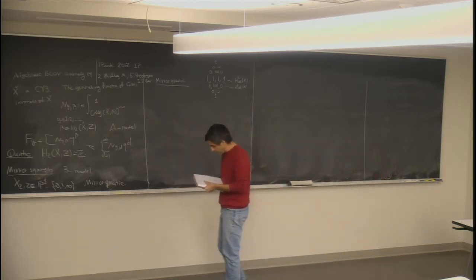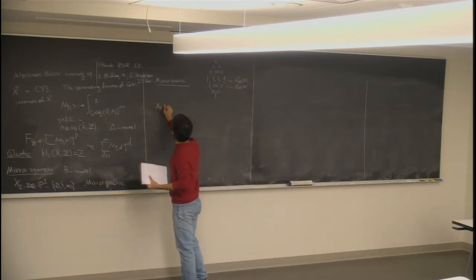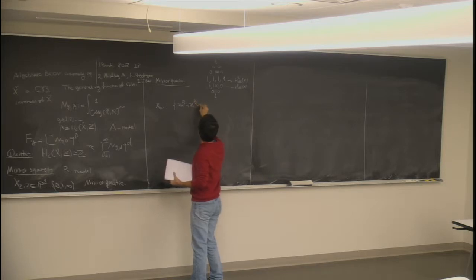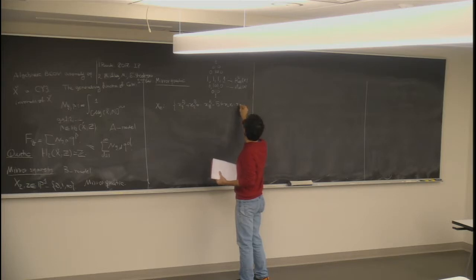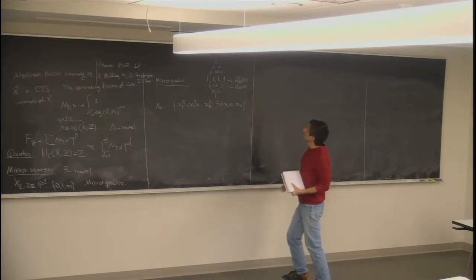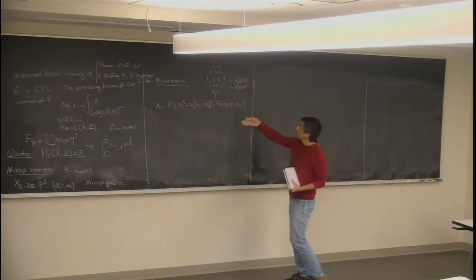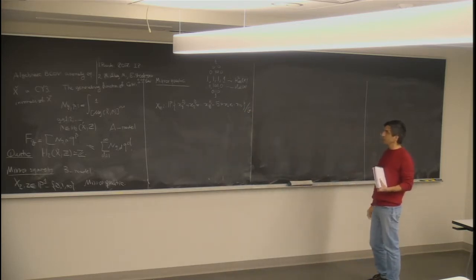Okay, so let me say, if you look in the books, the mirror is introduced in this way. You take this Dwork family, x_0^5 + ... + x_4^5 minus 5 psi x_0 x_1 ... x_4. You take its projectivization, and then there is a discrete group acting on this variety.